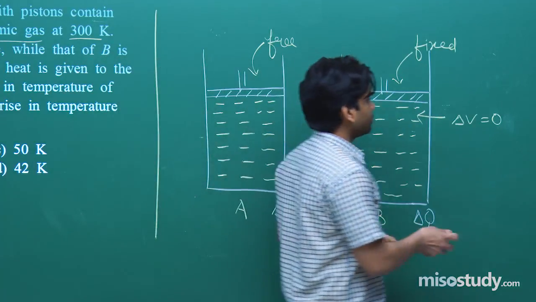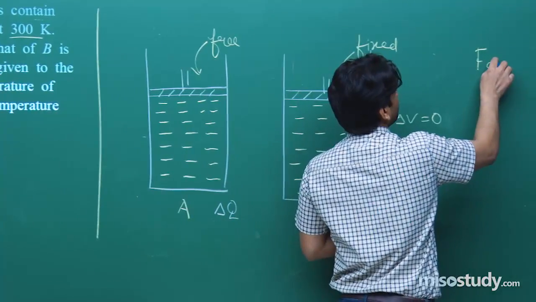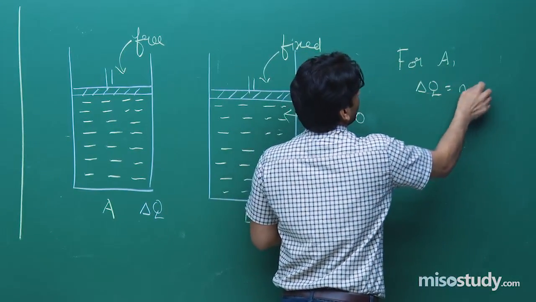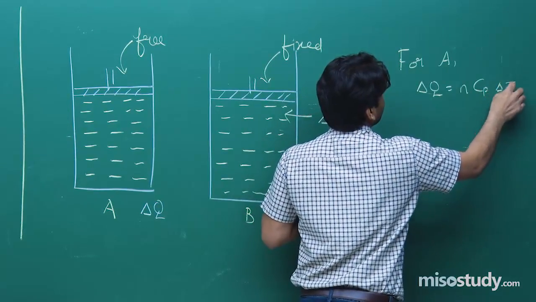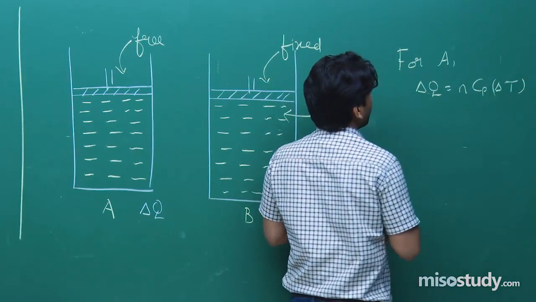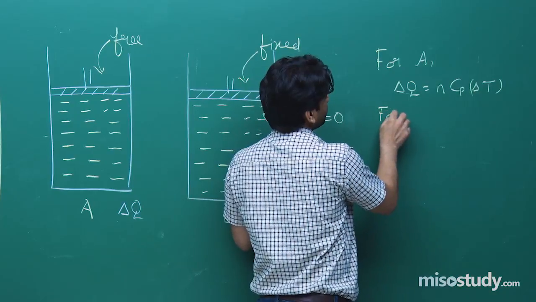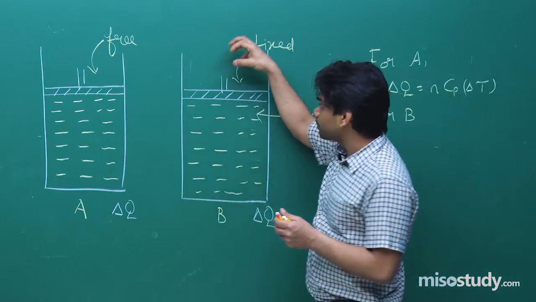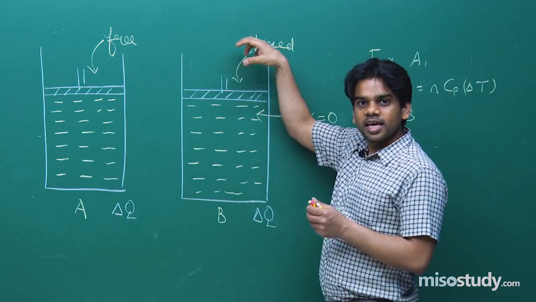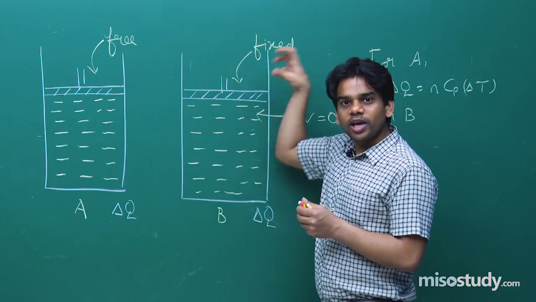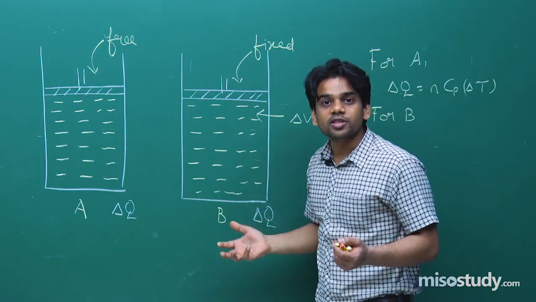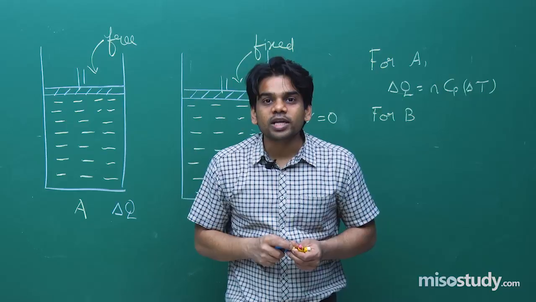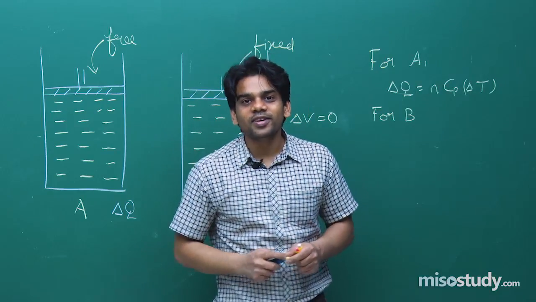So for A, delta Q will be equal to n Cp delta T. And for B, you are giving the same amount of heat energy, but you have held the piston at a fixed position. It's not moving up and down. If it's fixed, delta V is 0, that means no change in volume, that means constant volume, so you have to use delta Q equal to n Cv delta T.